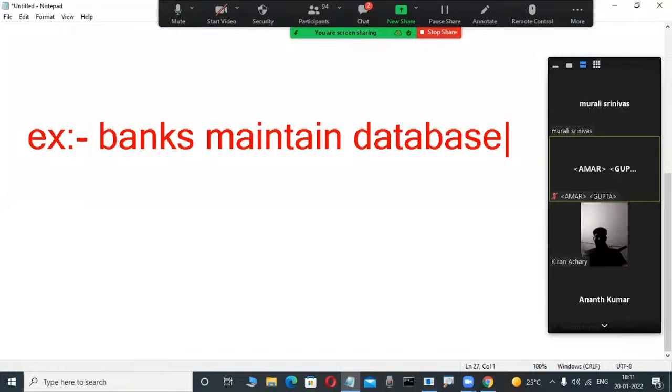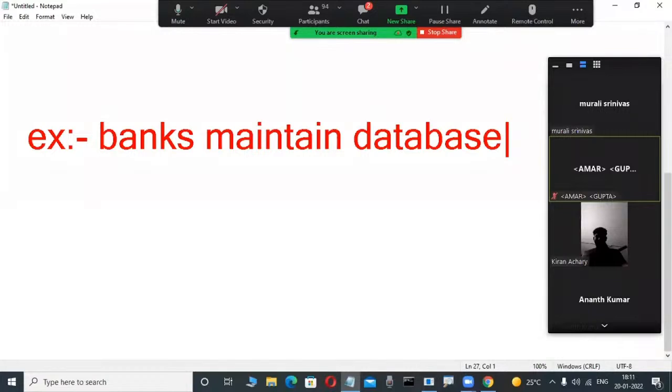Suppose some customers are withdrawing some amount. Those details they also want. Again, some fellows are transferring money from one account to another, either online or offline. All of those transaction details I want to store permanently. Then only can we operate all the things.